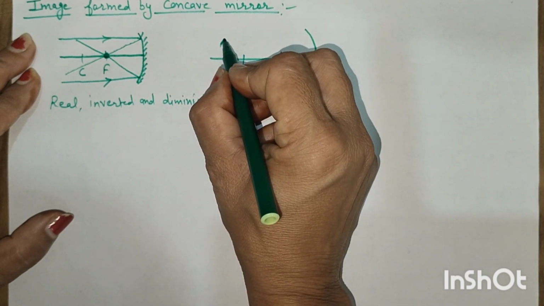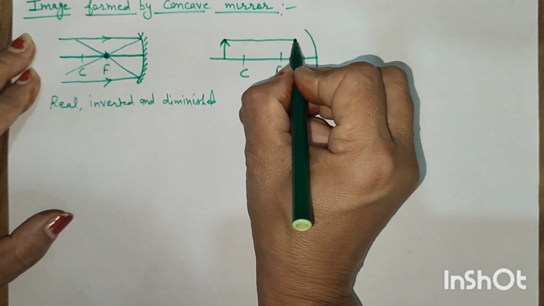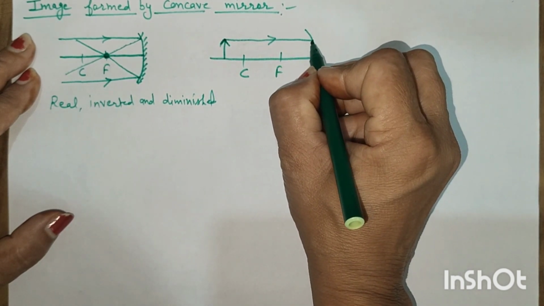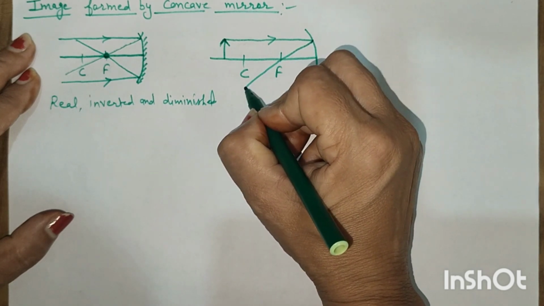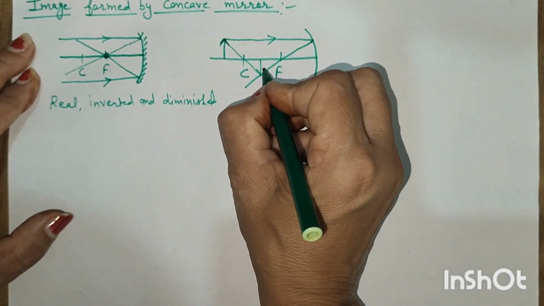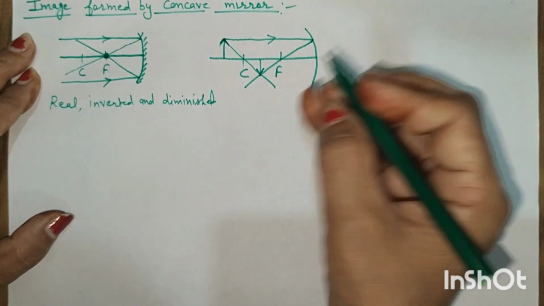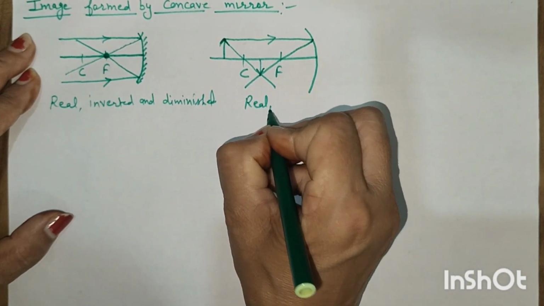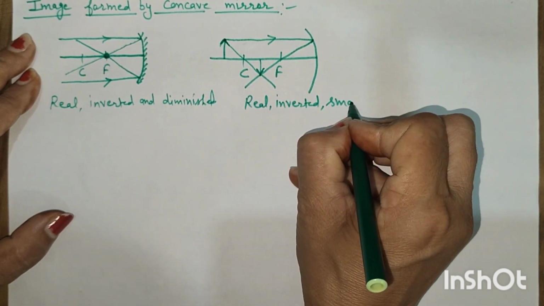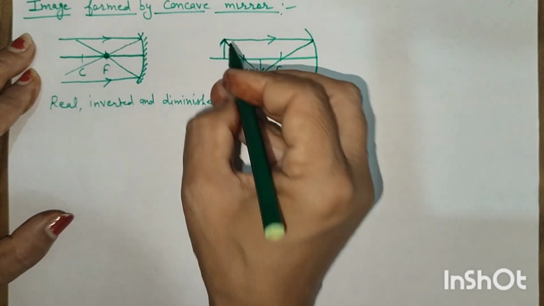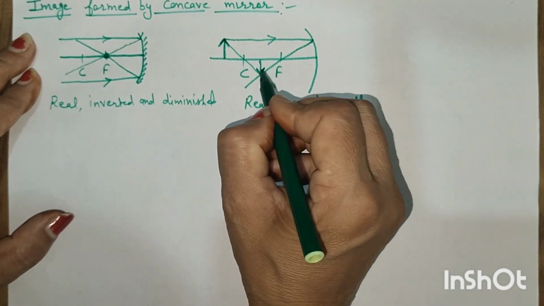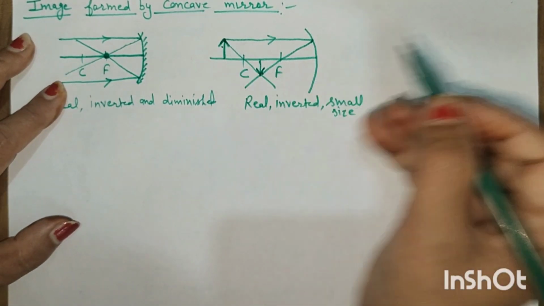Then according to the first rule, the rays go parallel to the principal axis, and then according to the second rule they pass through the focus and then the center of curvature. This is the image. It is real, inverted and small size. This is the size of the object and this is the size of the image. It is shorter than the object.